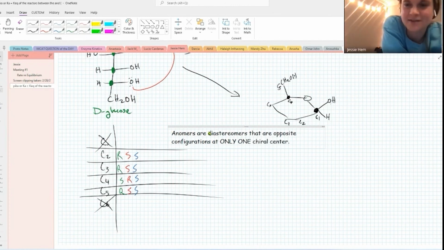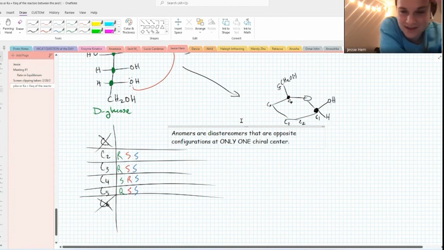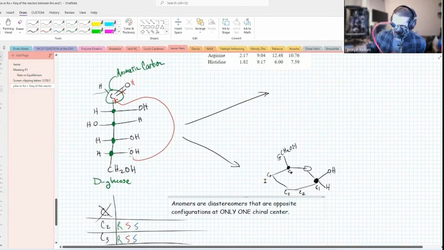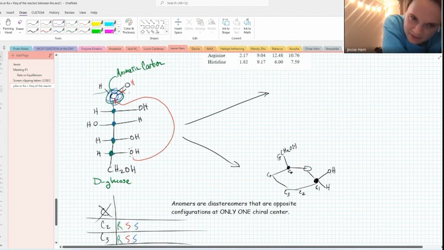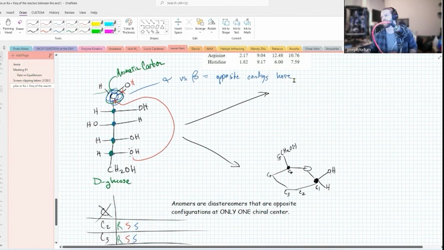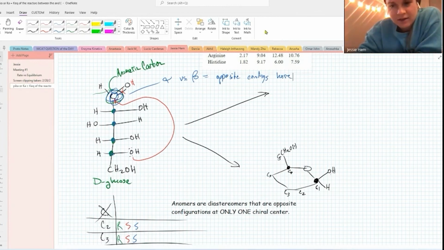Right, because D-glucose is going to have the same configuration in all four of these, and it's only this one where alpha and beta differ from each other. So they've got opposite configurations here. Thank you, that helps a lot.